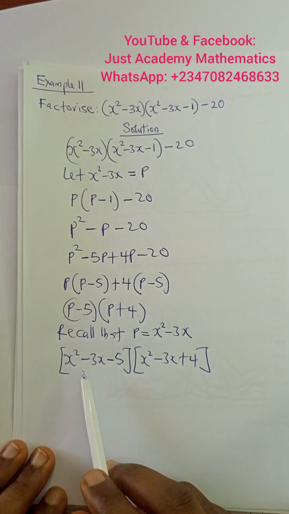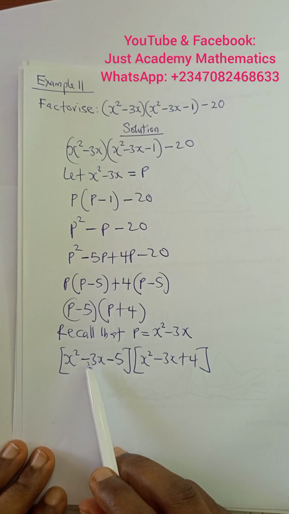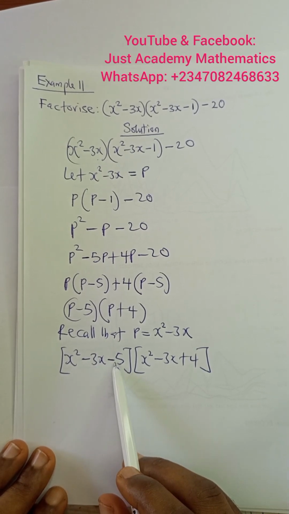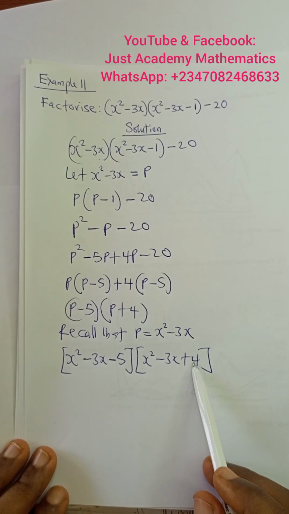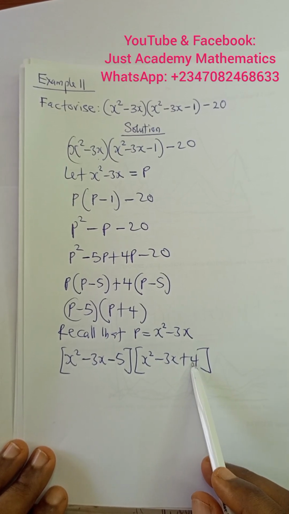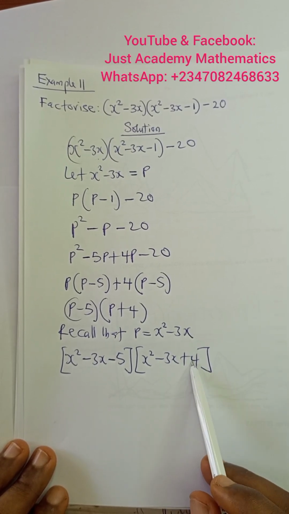Okay. So here we check, can this be factorized? Add to give us 3, times to give us 5. Anything like that? I don't think so. Factors of 5 are only 1 and 5, and that cannot give us 3. So this cannot be factorized. Factors of 4, 1 and 4 can work. How about minus 4 plus 1?